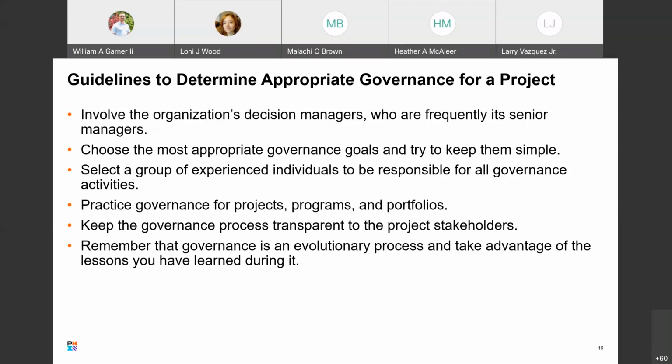Remember that governance is an evolutionary process and take advantage of the lessons you have learned during it. So, based on the dynamics of the project, the negotiations you have with your client sponsors or your decision makers, and the phases that are going to be part of the project, just clearly define and be transparent with your governance process expectations.